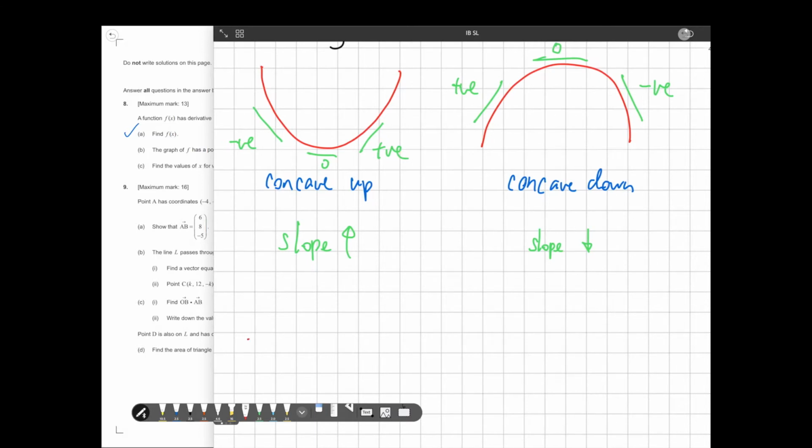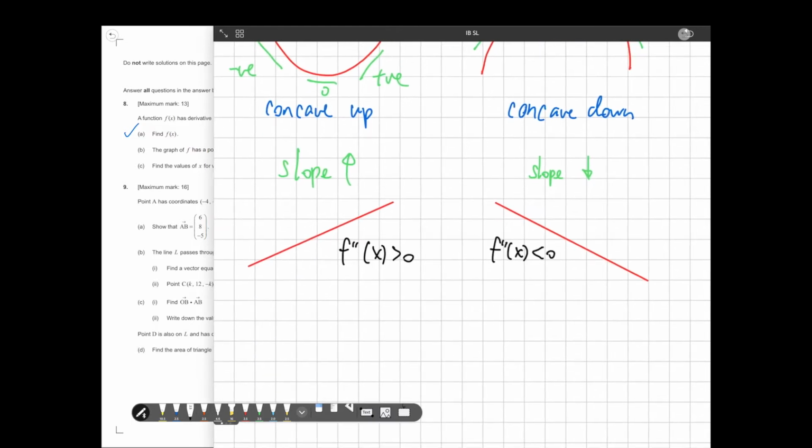So we know that the slope of the slope is increasing on one side, and the slope of the slope on the other side is decreasing. So that is, f double prime x is increasing. On the other hand, f double prime x is decreasing.